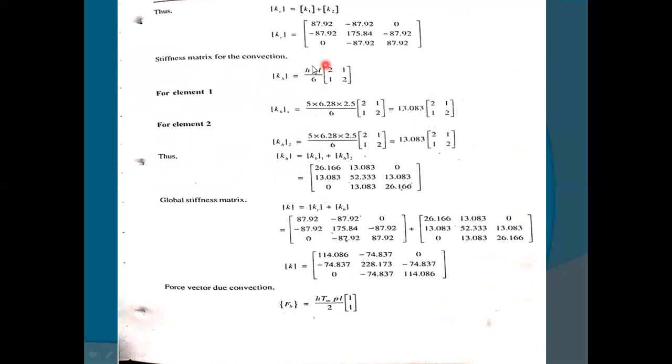Now, for the composite wall problems and this fins problem, the difference is the formula of convection. Why? In the composite wall, only one end is subjected to surrounding temperature, but here the complete fin is subjected to surrounding temperature. Therefore the formula is different.